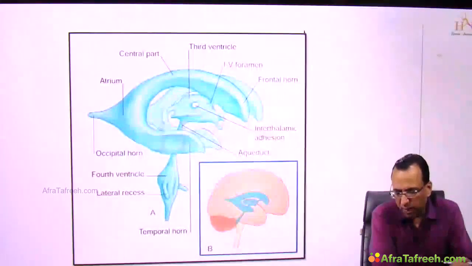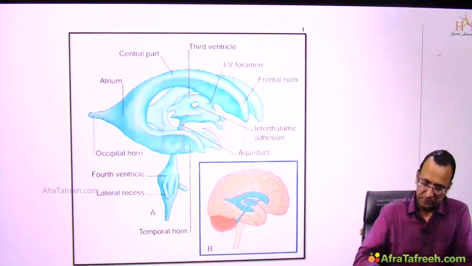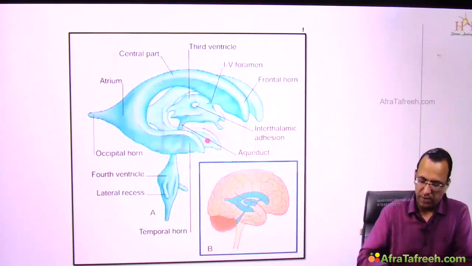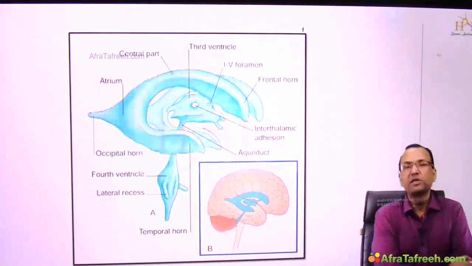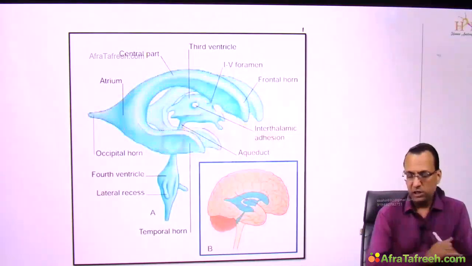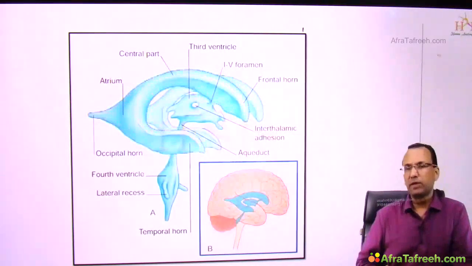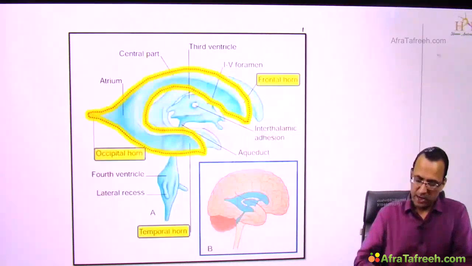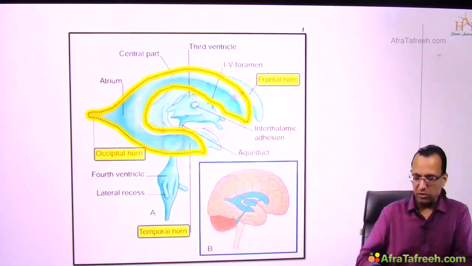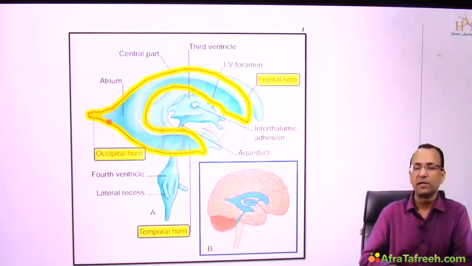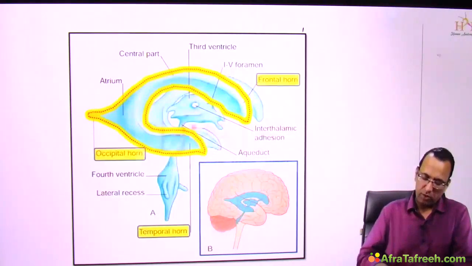Now, as we are talking about the ventricles, understand there is the C-shaped ventricle, which is the lateral ventricle, and it is now having some poles. What are the poles? You see, it is inside the cerebrum, so accordingly it will have an anterior or frontal horn of the lateral ventricle, a posterior or occipital horn, and an inferior or temporal horn of the lateral ventricle.